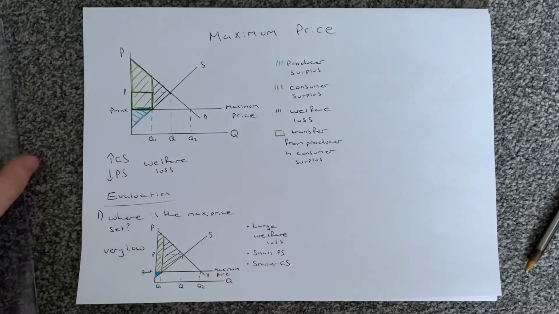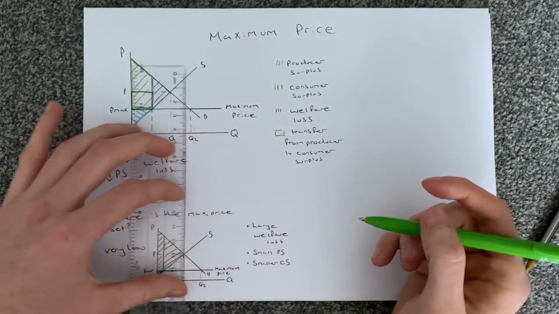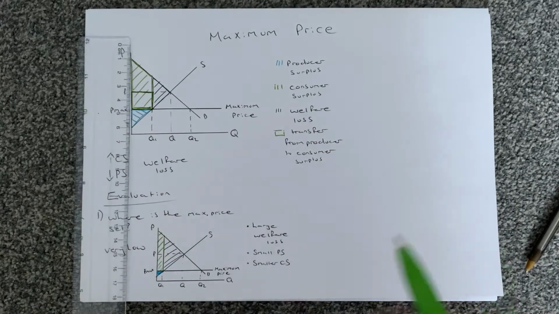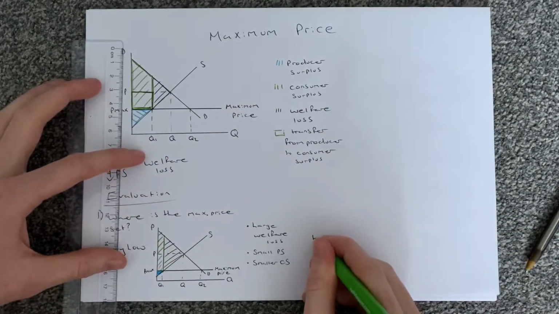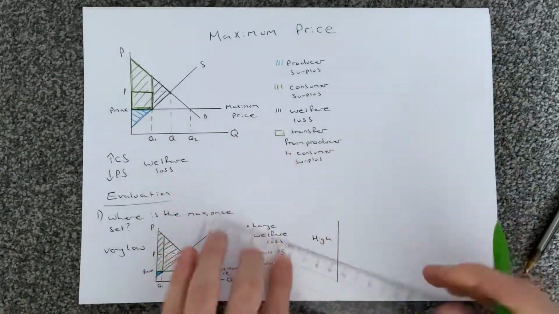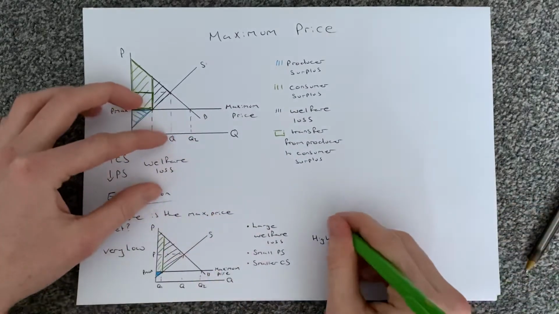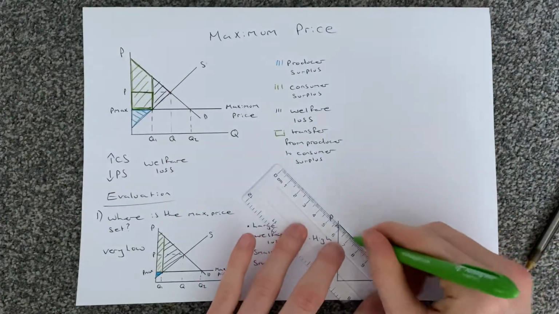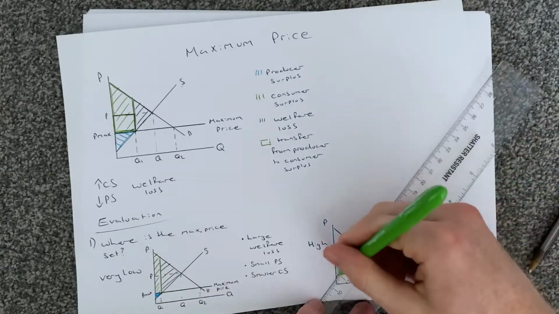And now let's compare this to quite a high maximum price. What we mean by a high maximum price is that the maximum price isn't very far away from the original market equilibrium. So if we just draw our diagram, we'll draw a demand curve, we'll add in our supply curve.